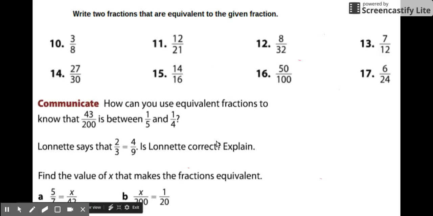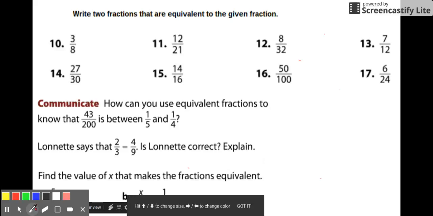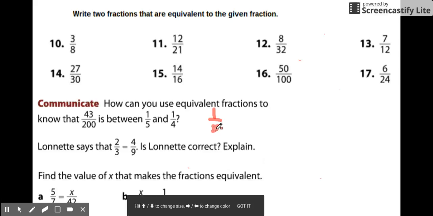Okay, it says how can you use equivalent fractions to know that 43 over 200 is between 1/5 and 1/4? This one's a little tricky, but if you were to put 1/5, and I don't know if you guys remember this, but you have to change it to the magic number, or in this case it's 200.